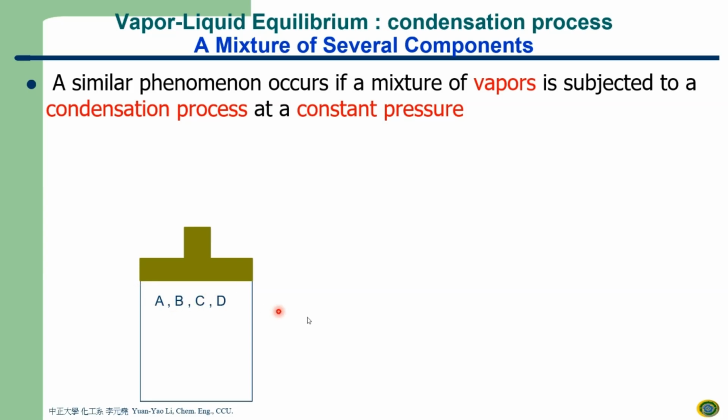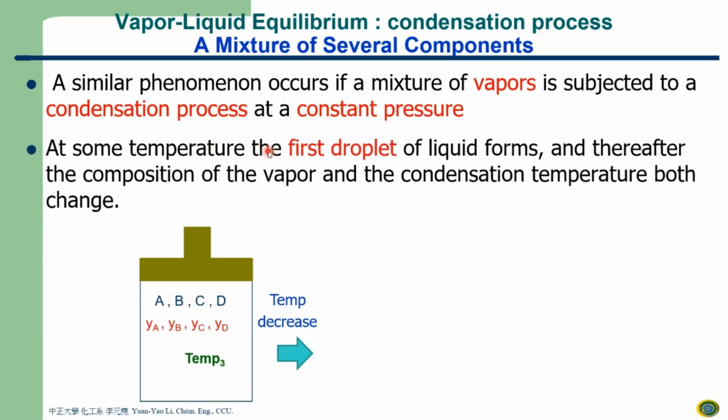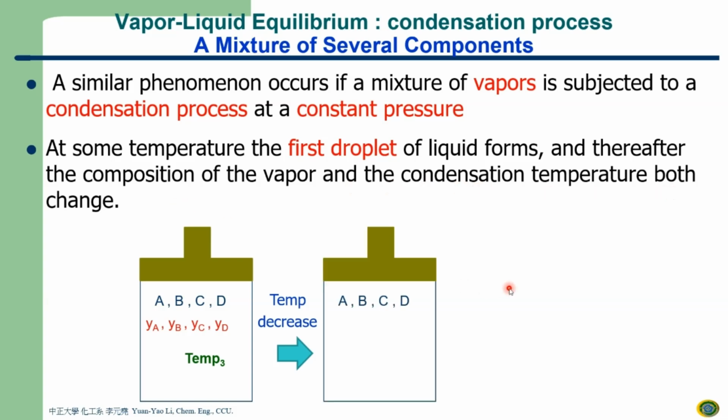Let's say A, B, C, D. If we decrease the temperature, for example, the composition of this system is YA, YB, YC, YD at temperature 3. Okay, temperature number 3. If we decrease the temperature, at some temperature, the first drop of the liquid is formed, and thereafter the composition of the vapor and the condensation temperature both change.